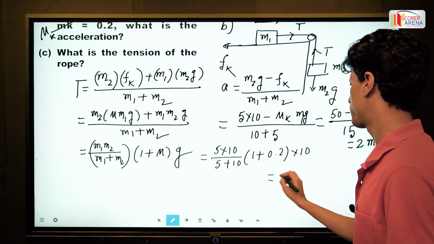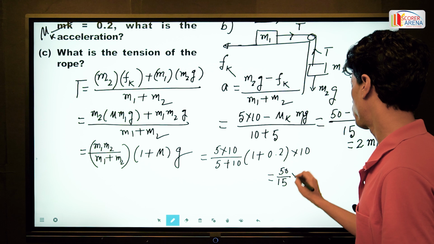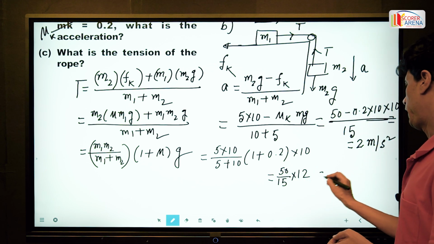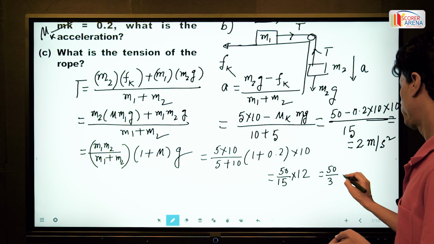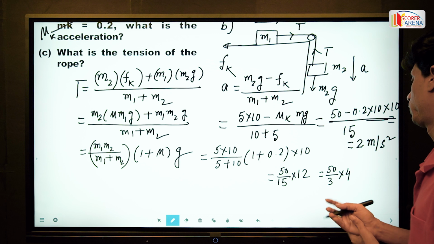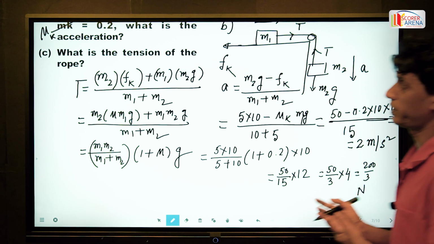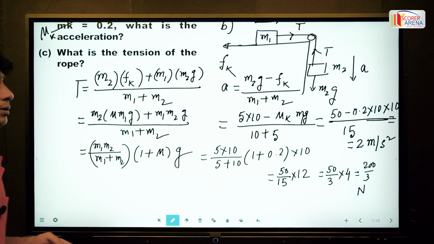So therefore this is 50 by 15 into 12, and this is 50 by 3 into 4, 200 by 3 Newton. So this is the tension of the rope.